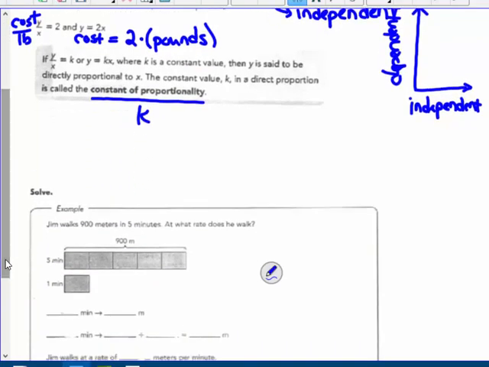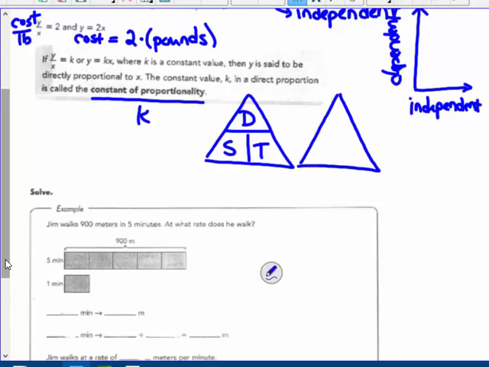Just like our rate of speed with our formula with 3 variables, distance equals speed times time, we can relate this proportional relationship: y equals k times x, and yes, y equals kx, and if we're trying to find k, k is equal to y divided by x.